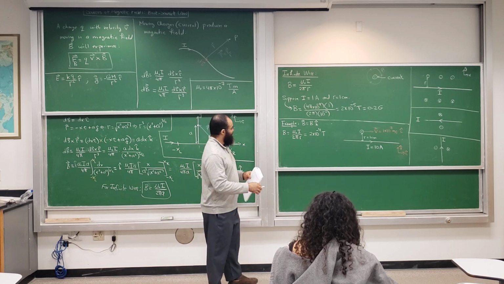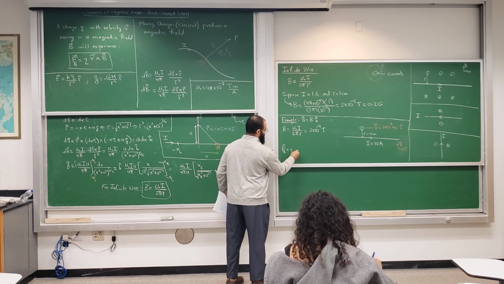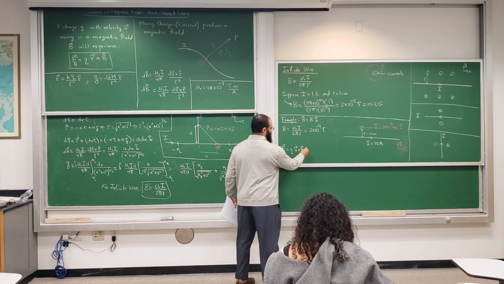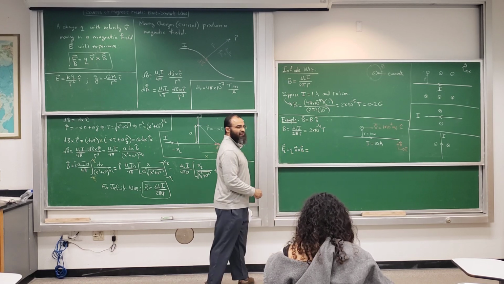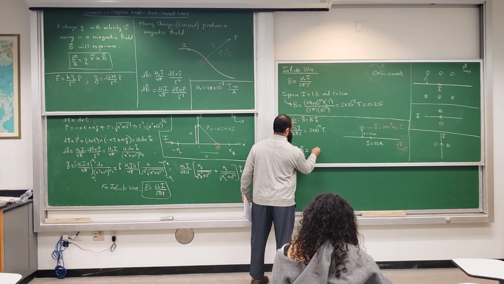Okay. Here it is. The magnetic force is going to be q v cross B, right? What's q for an electron? e or minus e? It's minus little e.